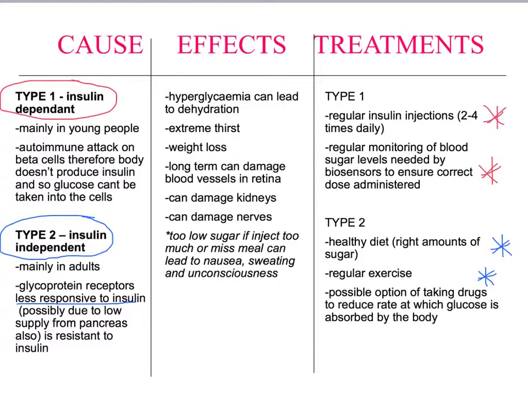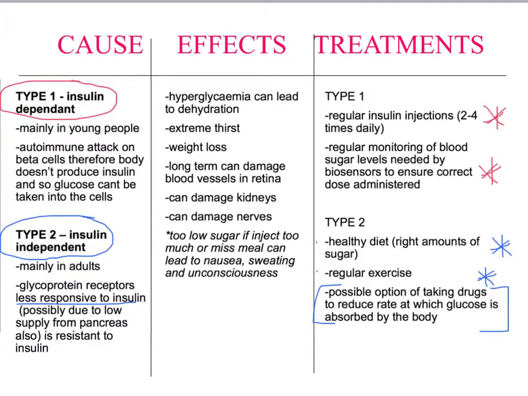Injections wouldn't work in this case, because in type 2, you do have the insulin, it's just the cells aren't being responsive. So you'd need to just manage that essentially yourself. There is a possible option of taking drugs to reduce the rate at which glucose is absorbed by the body. But usually in exam responses, you're looking for the top 2. It's monitored by diet and exercise.